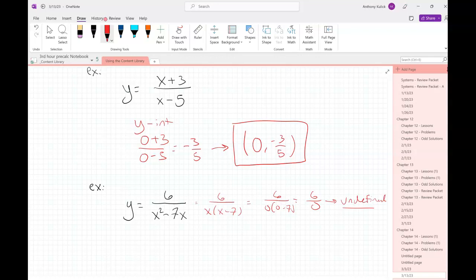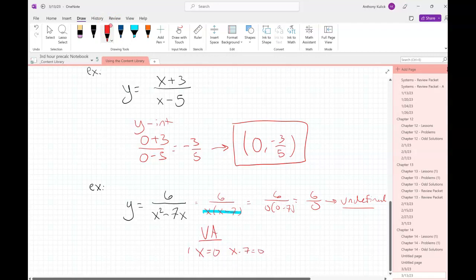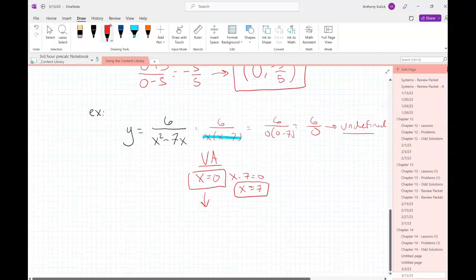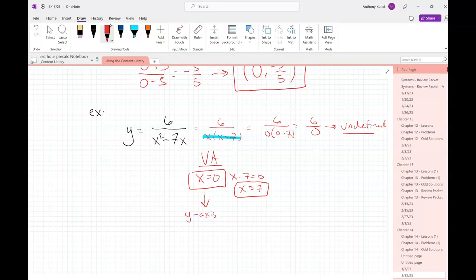Because what's really happening here? If I look at this, I have a vertical asymptote at x equals 0 and x equals 7. What is x equals 0? That's the y-axis, isn't it? Yeah. How are you going to have a place where the y intersects the y-axis if that's where your asymptote is? Oh, yeah. Okay, so Mr. Kulik could do something sneaky there.